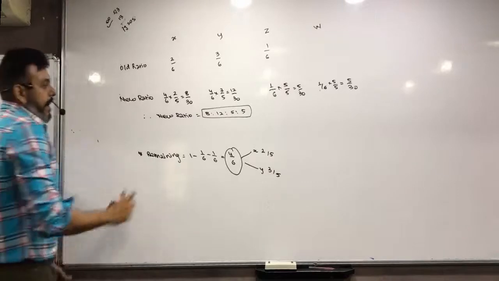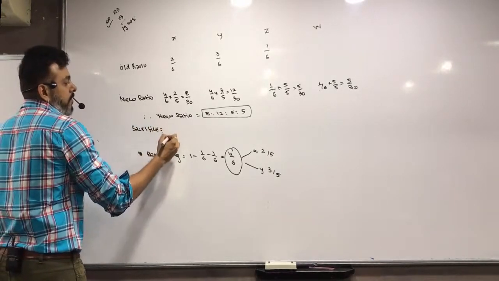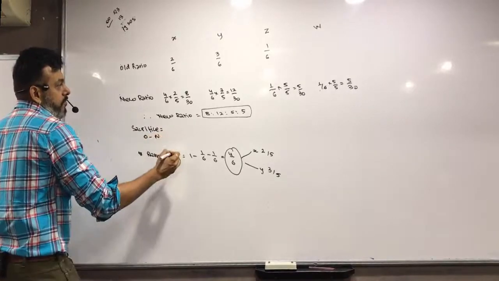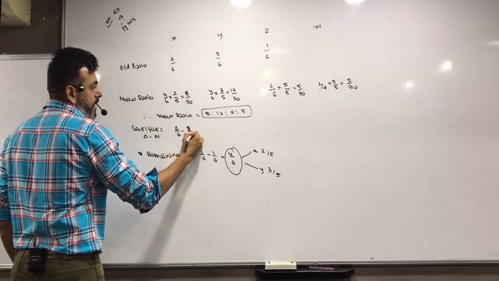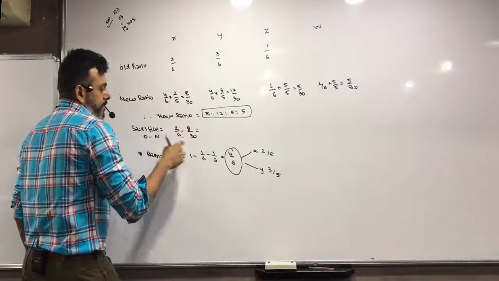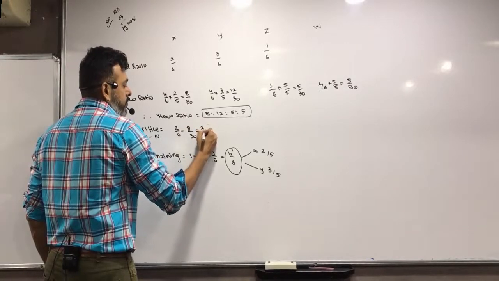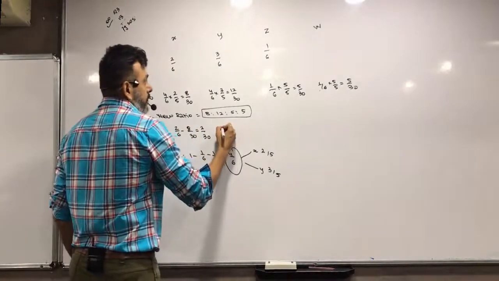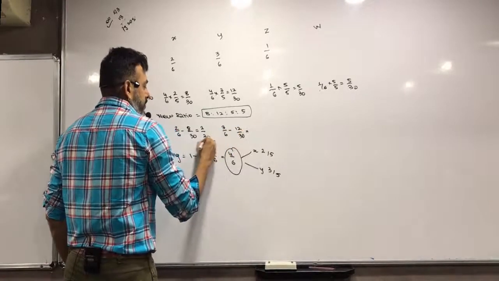Okay, and sacrifice is equal to old minus new. So 2/6 minus 8/30. 30 is the LCM, so 2/30. 3/6 minus 12/30.